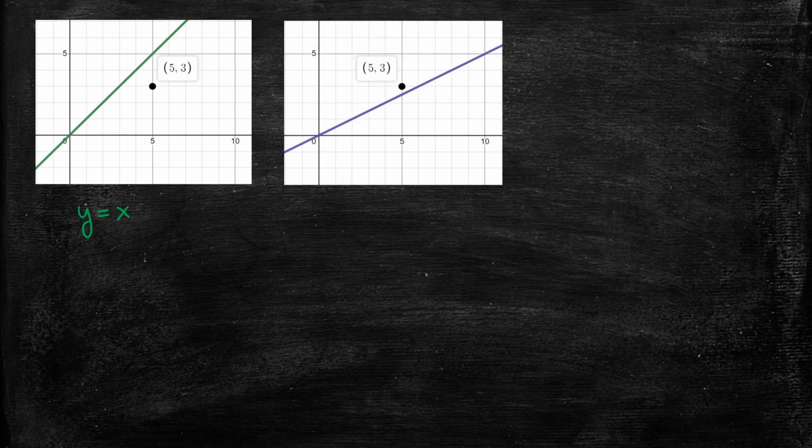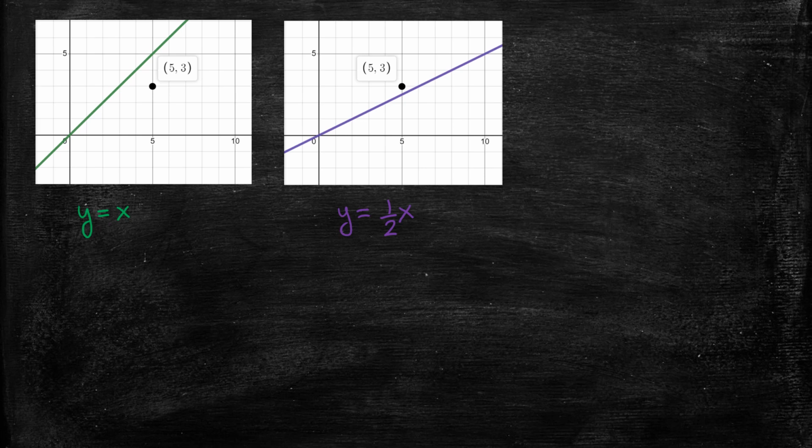And now to create the correct slope, that requires the slope to be a half, which is the purple line. It has a slope of a half. That requires what's called a vertical shrink, in this case of 1/2. So the equation of that purple line is y equals 1/2 x.